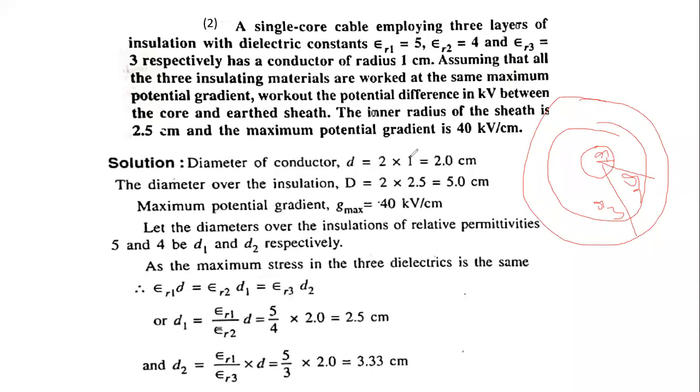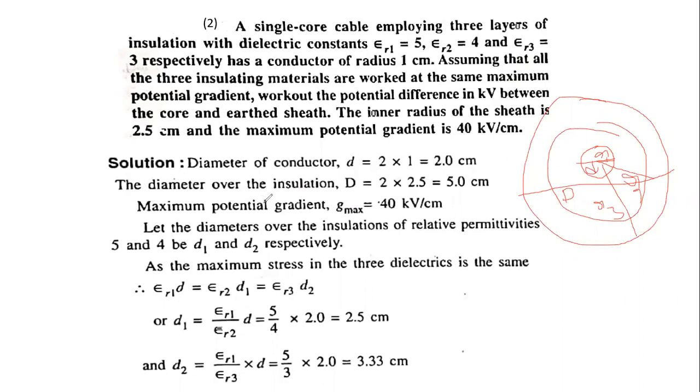And then we calculate the inner sheath radius. The diameter over the insulation is capital D. This is the total diameter, this is the capital D, and this is the small d. This is the conductor diameter and this is the overall diameter.